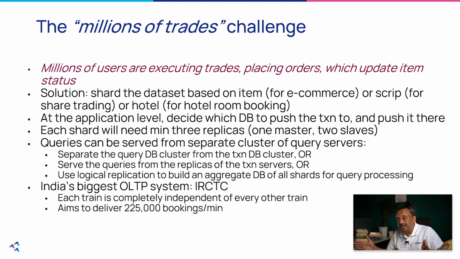So the potential for sharding is fantastic because there is no overlap. There are no cross connections or cross data linkages. So in such a situation, IRCTC is able to do a lot of scale up, a lot of horizontal scale out, and they are aiming to do, as per one news report, more than 200,000 bookings every minute.